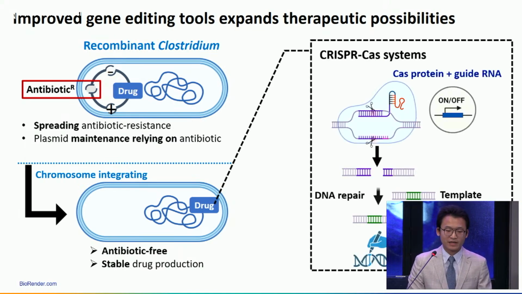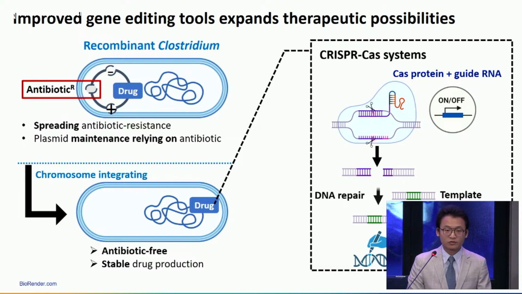Briefly, under control of inducible expression system, Cas protein and guide RNA would be expressed and target genomic DNA, resulting in DNA break. For cell survival, supply of a plasmid containing the editing we want can repair the DNA break, resulting in engineered Clostridium cells.